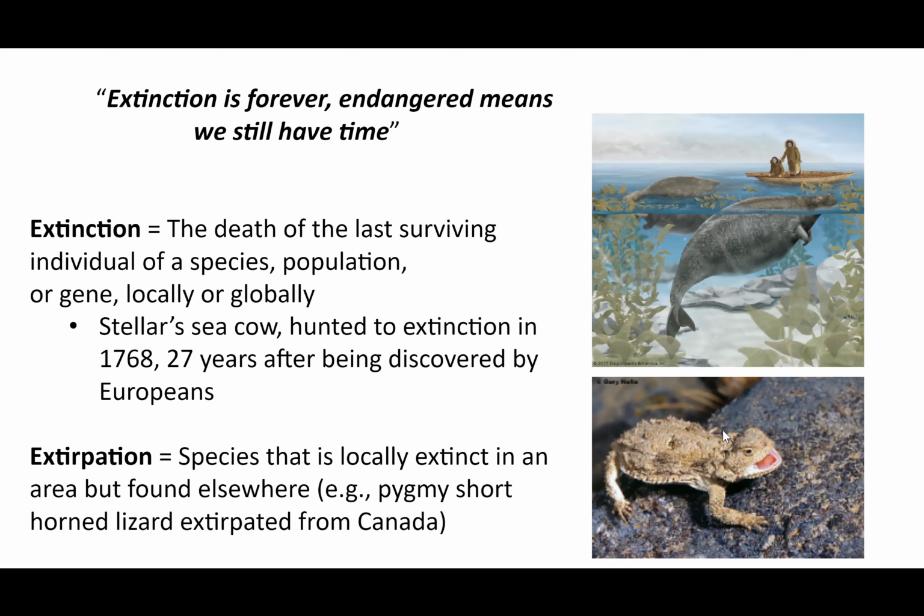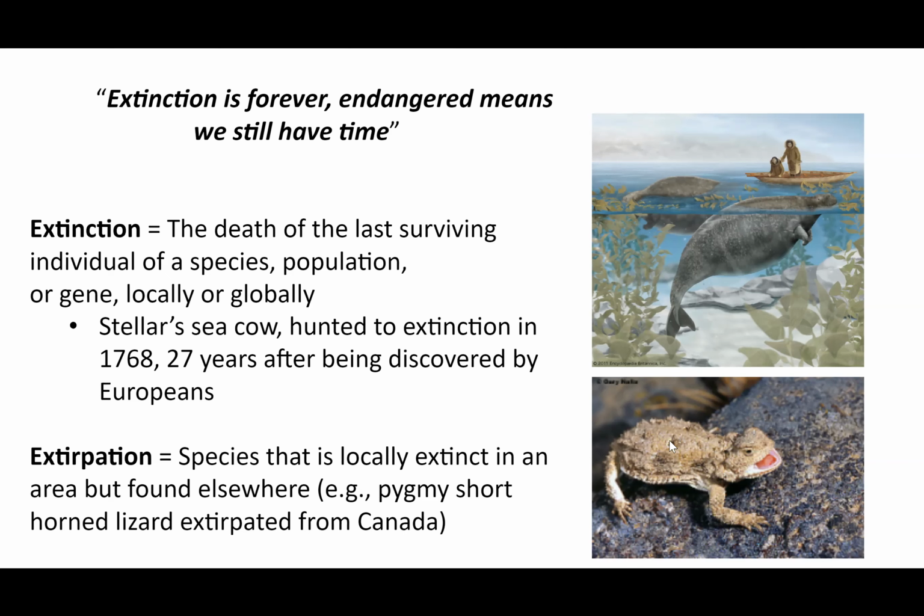So, for instance, the pygmy short-horned lizard here, looking, I don't know, a little bit evil with his mouth open, trying to thermoregulate. It was extirpated from Canada due to a variety of reasons, but is no longer found in Canada, only found in Central America and the United States. So that's an example of extirpation.